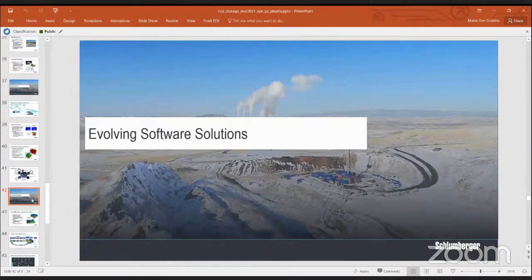We're also starting to evolve new and updated software solutions as the demand for CO2 studies increases.